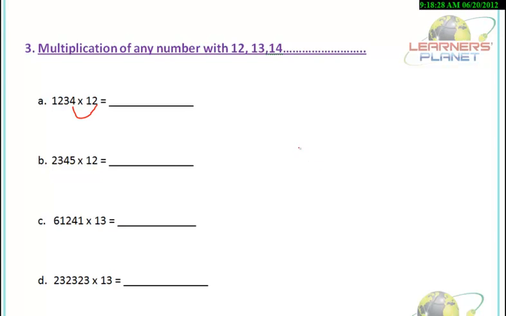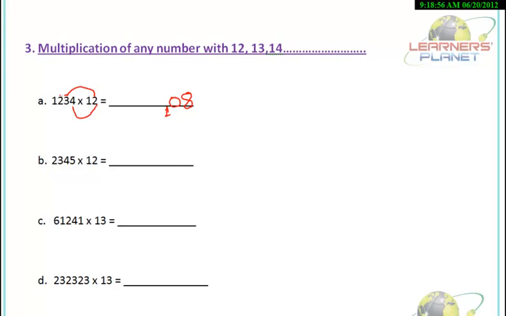So we'll get 8. Then we'll multiply the next digit by 2 and add the previous digit: 3 2s are 6 plus 4, 10. Just write 0 over here, and in the previous session we have already learned that we should not put the two digits over here, so 1 will be carried over. As of now we just write 1 over here.